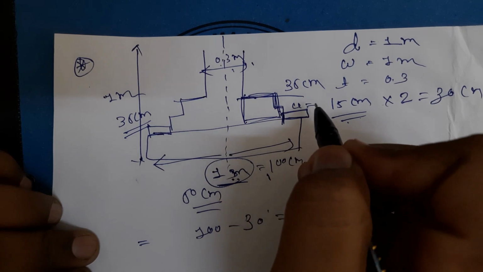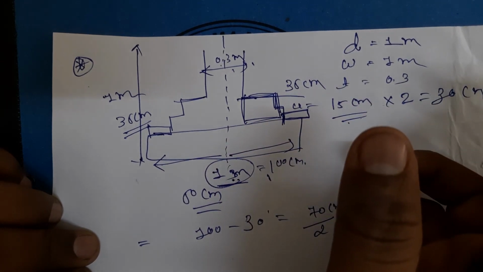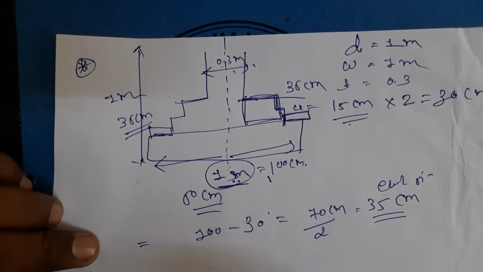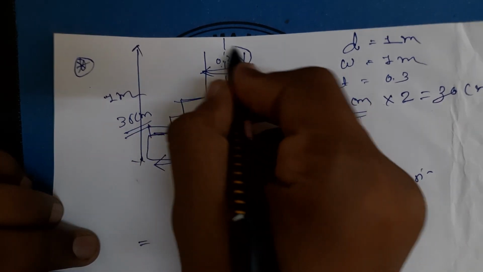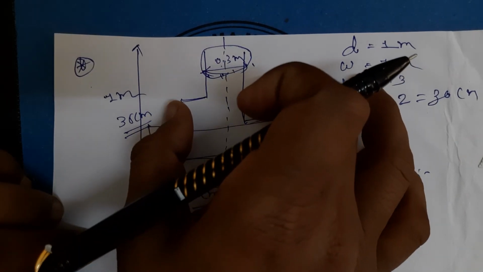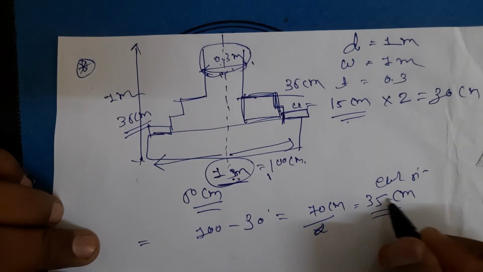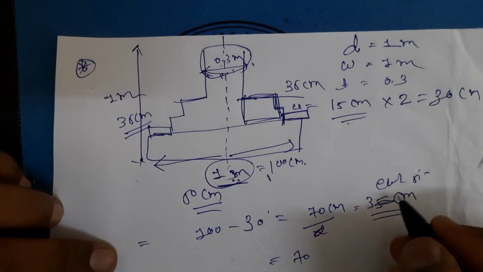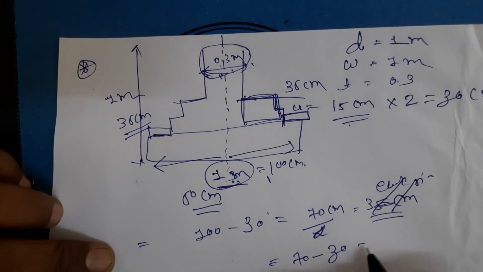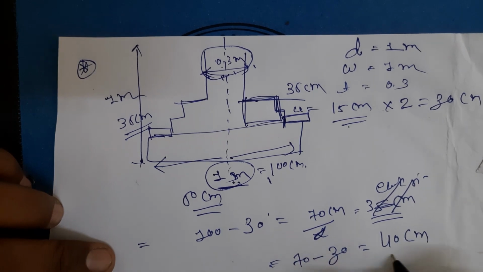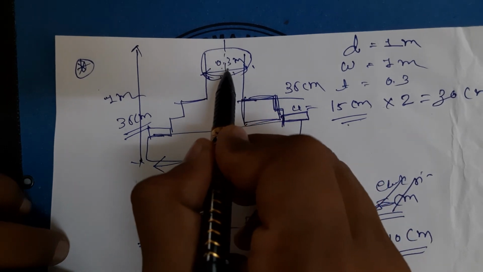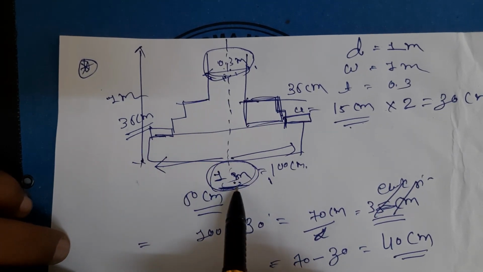Understood? And also we reduce this, we minus this 0.3 thickness because it is already there. Okay, this thickness is already achieved. So from the 70 we minus 30 centimeter. So it is once again 40 centimeter total. Okay, we missed that part, because this is already included in the 1 meter length.